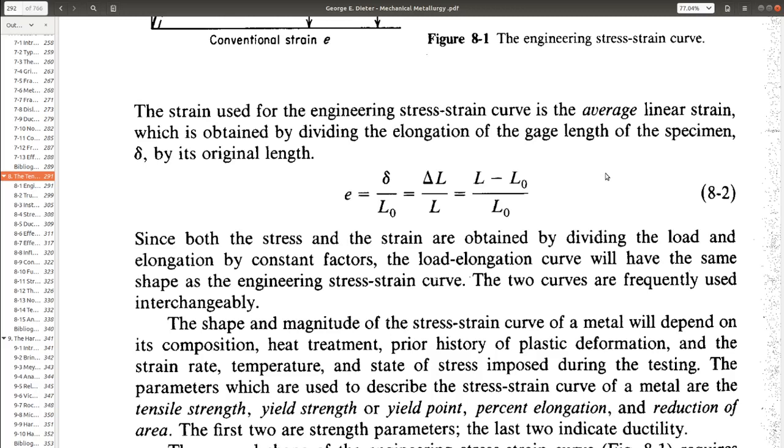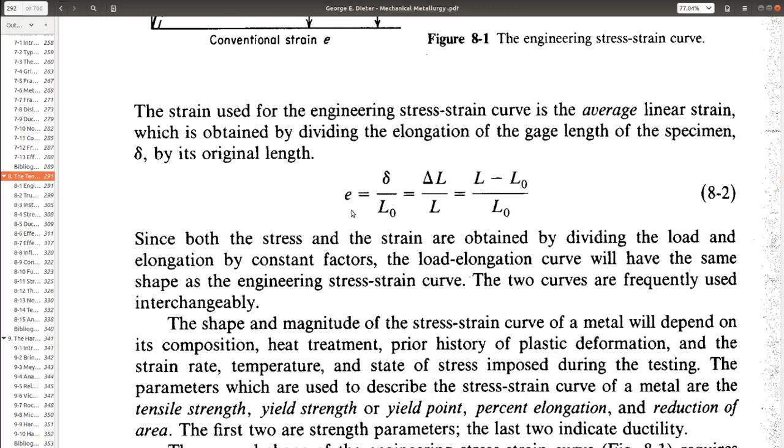But if we average the strain of each infinitesimal piece, then we will get some average strain value, and that average strain value is this one. And therefore it's been called average linear strain. Fine. So this is engineering strain, and S is engineering stress.